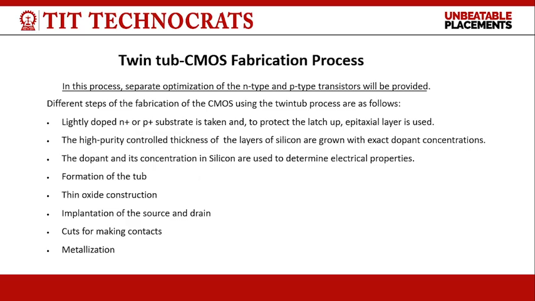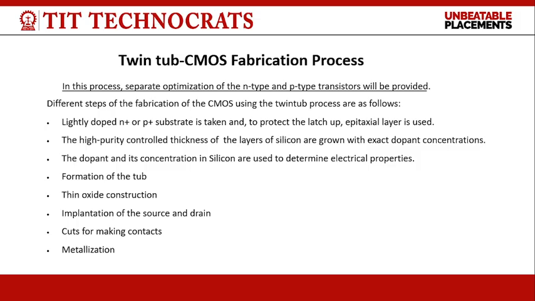It is exactly similar to the NWell and PWell process, but the basic difference is that in case of the twin tub CMOS fabrication process, both NWell and PWell processes are applied on a substrate. That means two wells are formed inside the substrate. That's why it is called twin tub fabrication process.